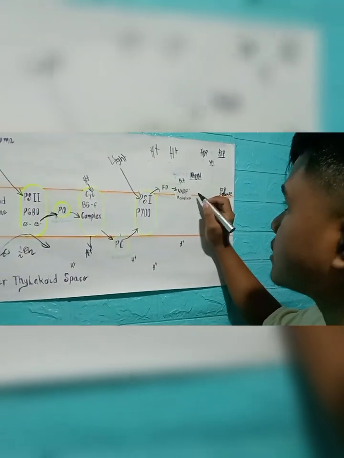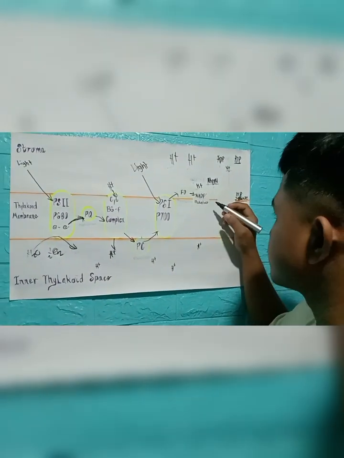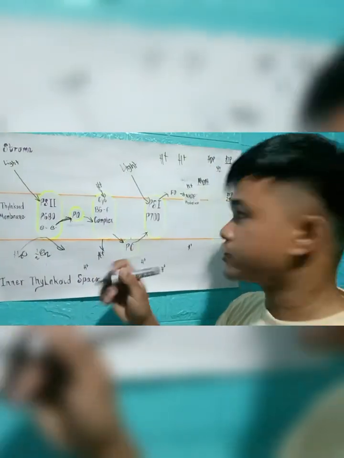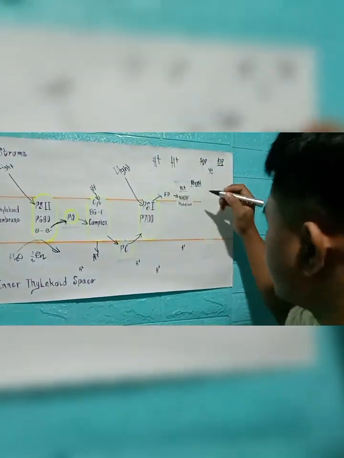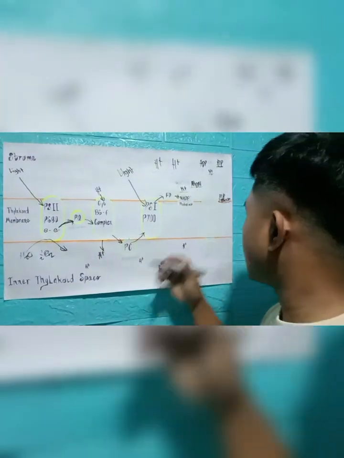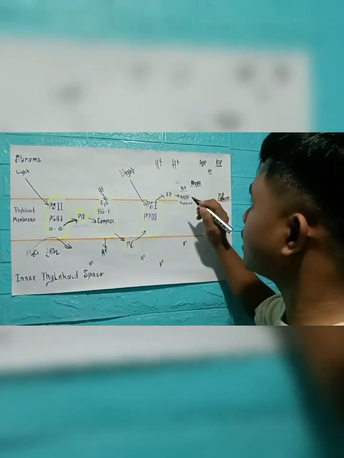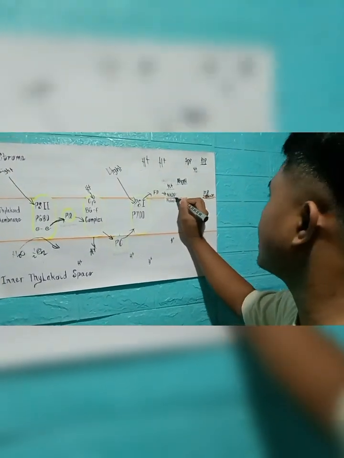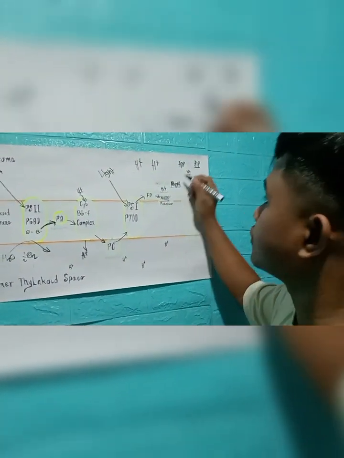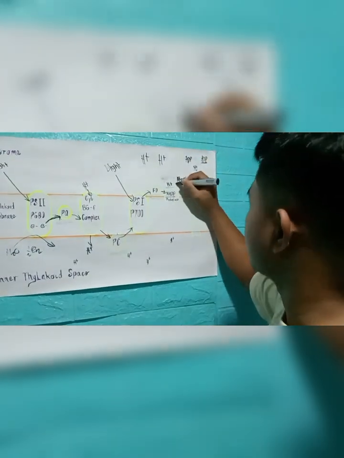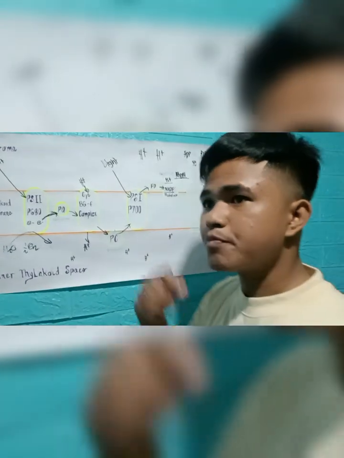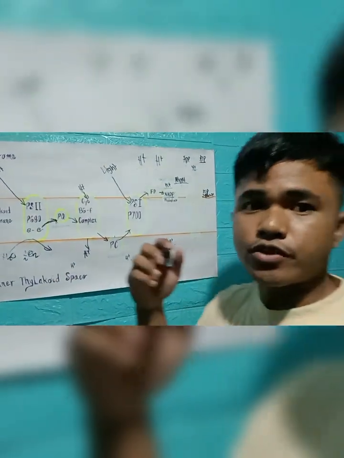When the NADP plus accepts the electrons, it also accepts the hydrogen ions. Once it has both, the NADP plus turns into NADPH. The NADPH is also a key product of the light-dependent reaction.